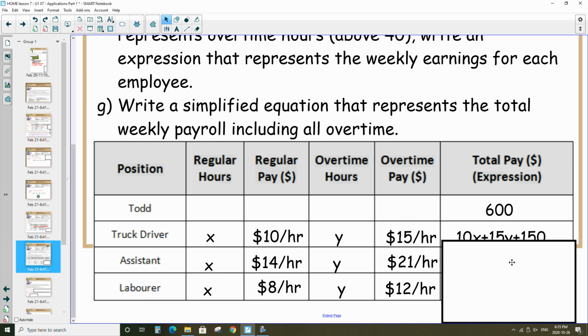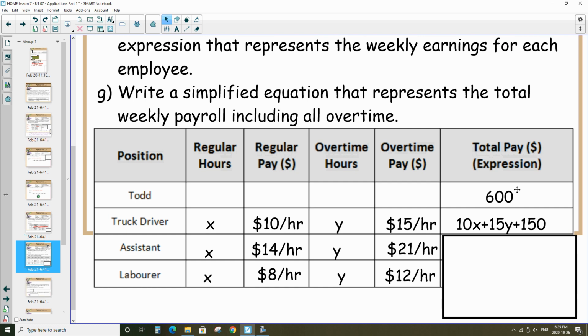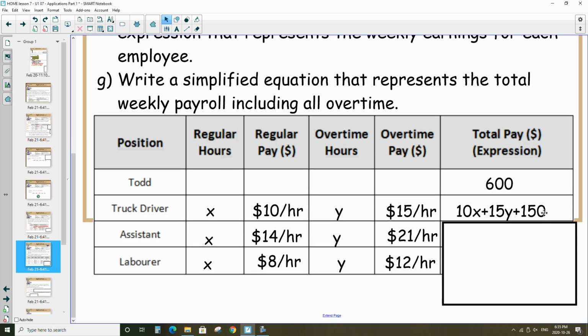So for the truck driver, for example, the truck driver would get paid $10 times X, so those would be the hours of 40 and under. And then to that, he would get paid $15 an hour for anything over that. So if he works an extra 2 hours over 40, so if he works 42, he'll get paid 10 times 40, his $400, plus he will get paid 15 times 2 for the extra 2 hours, so an extra $30, plus his $150 that he got paid for his expenses.